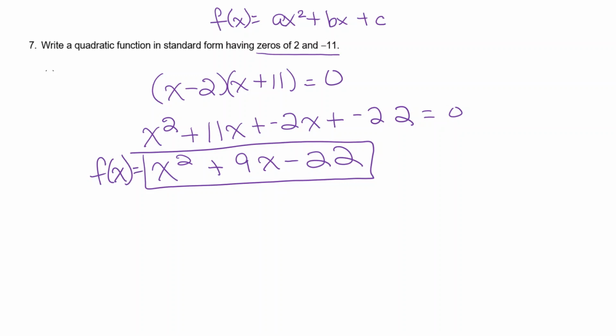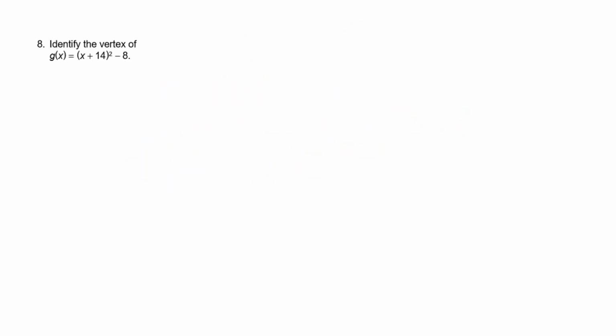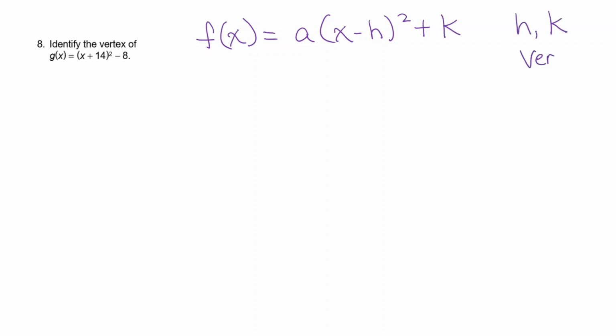Okay, number 8. Identify the vertex. Now, this should be really easy to use. Remember, the quadratic equation in vertex form tells us what the vertex is. It's a times x minus h squared plus k, and h and k are the vertex. So, h is 14.